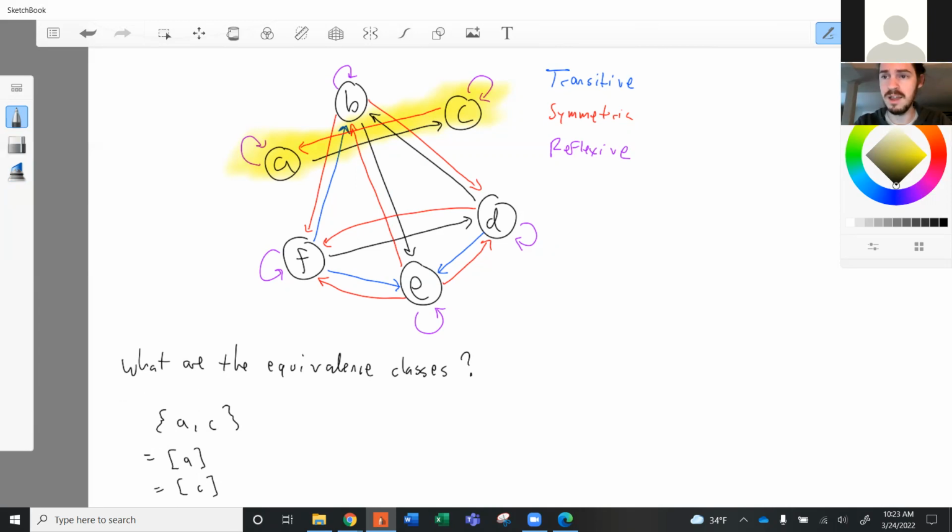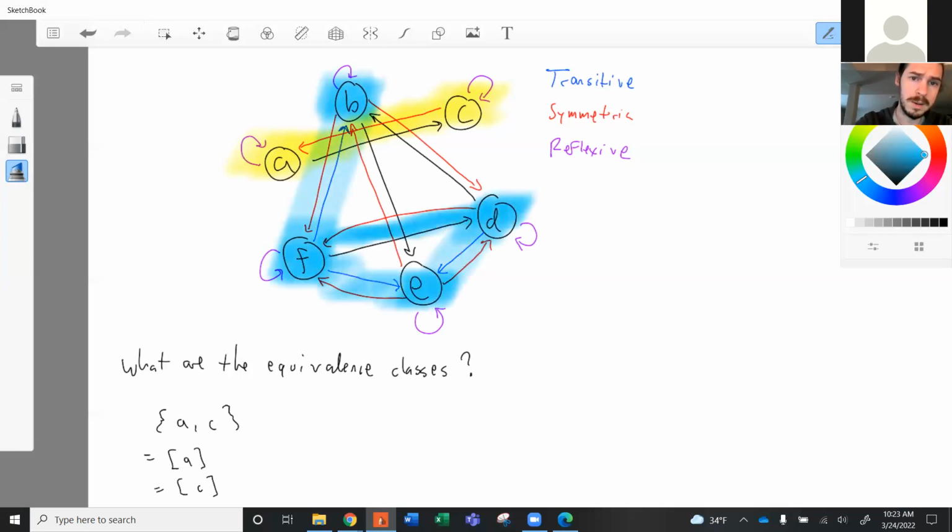And the other equivalence class, we'll highlight it with a nice bright blue here, is going to be B and F and D and E all together because of all those connections. I'm highlighting the elements and also the connections between them.